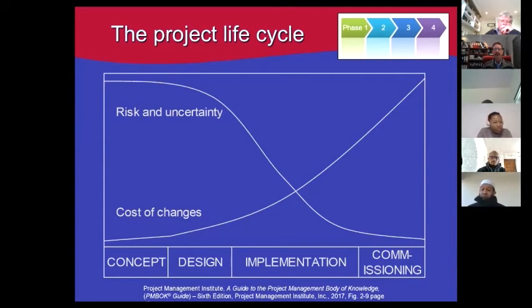Then as you move along the design and implementation, that's when you implement the mitigation for those risks that have been identified. By the time you implement, you're just managing the risk to minimal. That's what I understand from concept to commission. The risk decreases as you apply the mitigation.